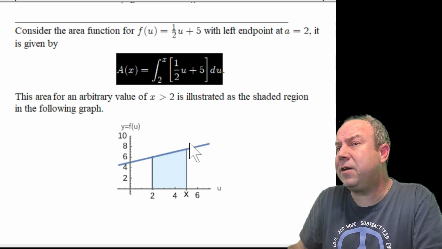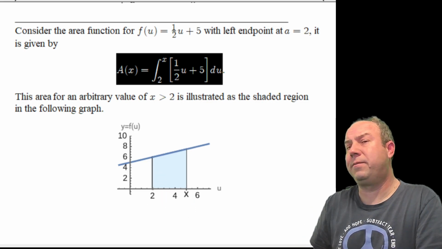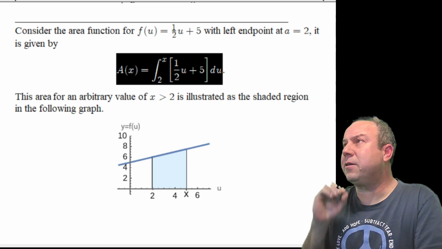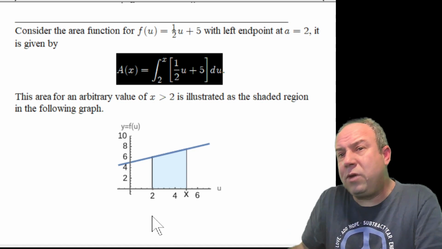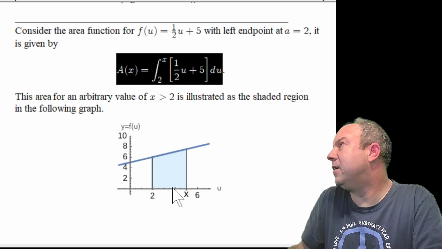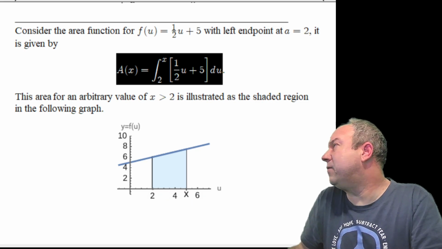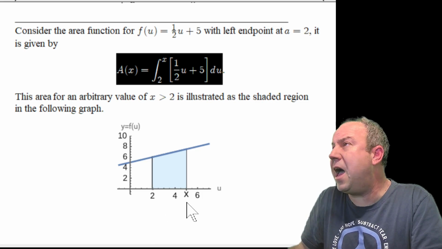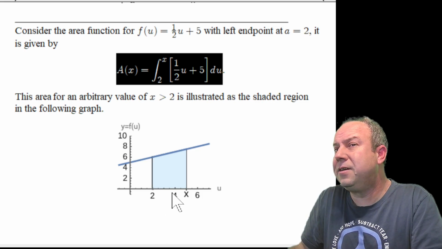The side here at x and the side here at 2, these vertical lines that bound the left and the right of this trapezoid. If we take their average length and we multiply it by the length of the line from 2 to x, that's going to give me the area within this trapezoid.